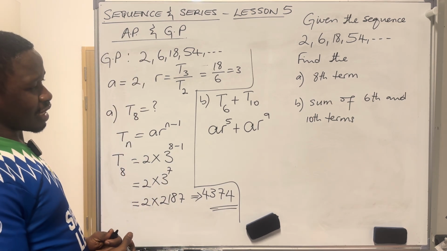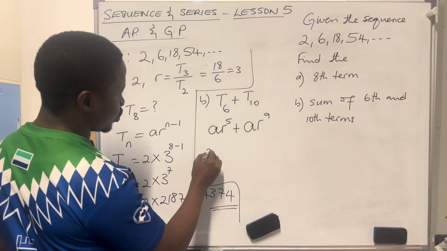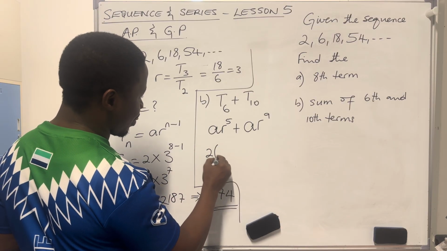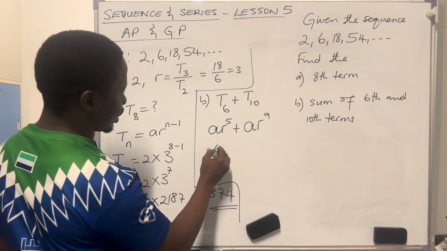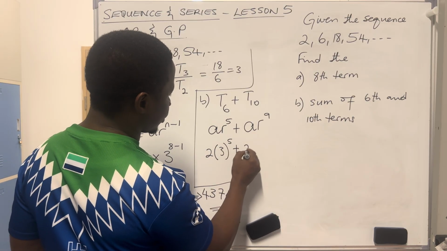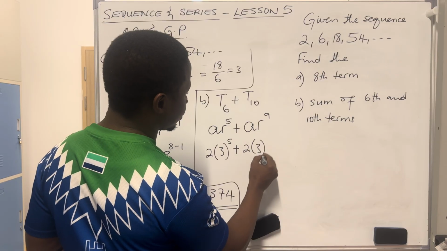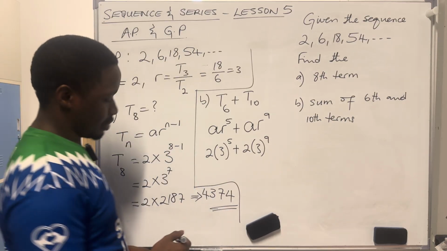I hope it is clear. Okay, so what is A? A is 2, multiplied by R, which is 3 to the power 5. Then A is 2 again, and R is 3 to the power 9.